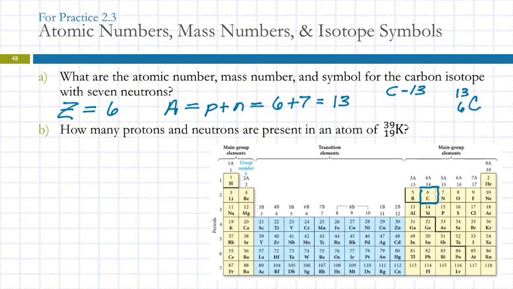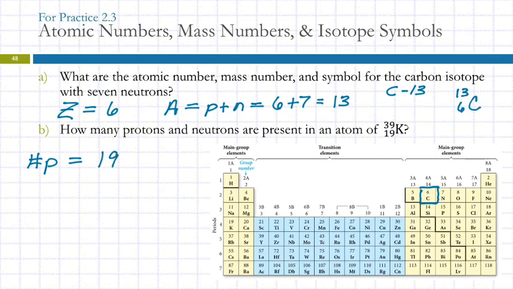So how many protons and neutrons are present in an atom of this? Well, the number of protons is given by that bottom number, right? So we can look at the symbol, or we could find potassium on the periodic table, and there's the 19.